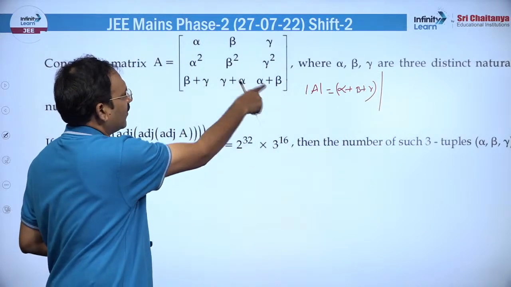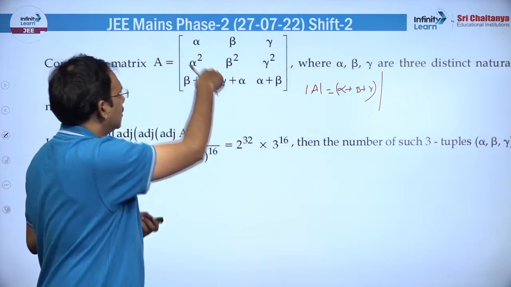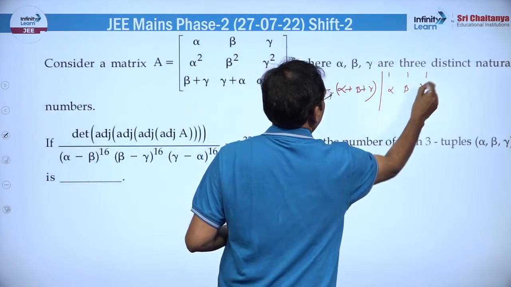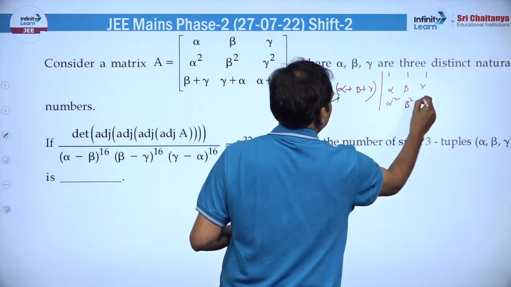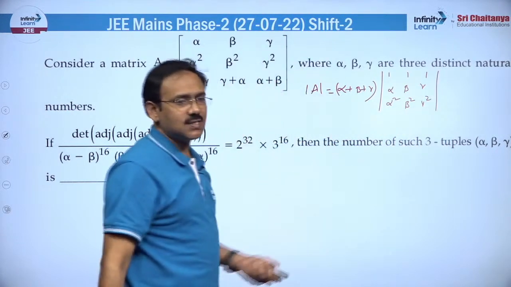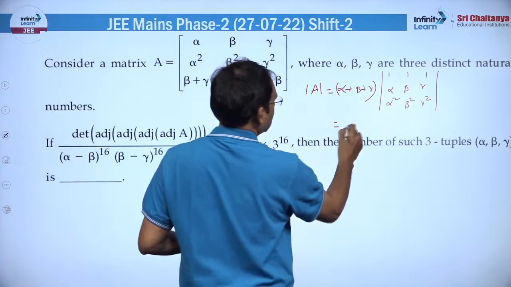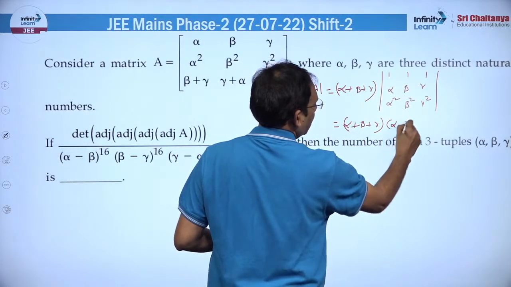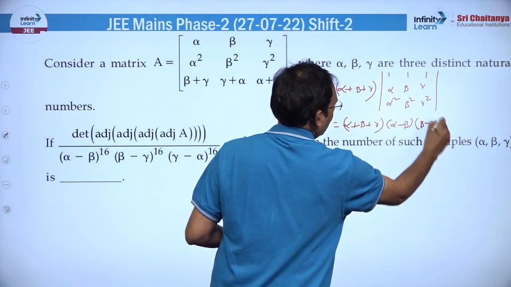You will get 1 1 1 here. You can interchange in the cyclic order so that it becomes 1 1 1, alpha beta gamma, alpha square beta square gamma square. You know, this is a standard determinant. This is alpha plus beta plus gamma into alpha minus beta into beta minus gamma into gamma minus alpha.